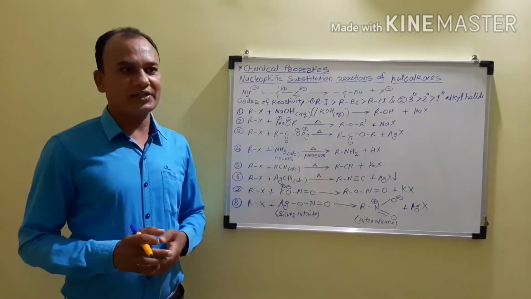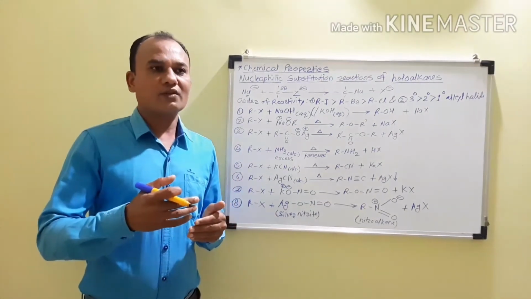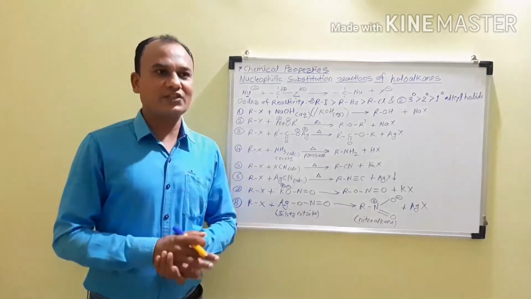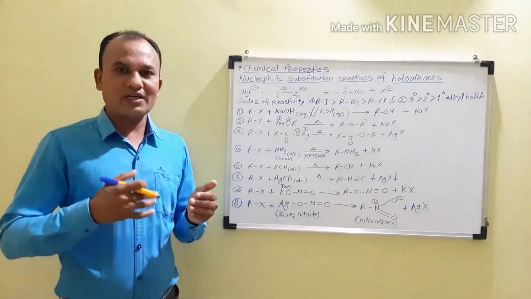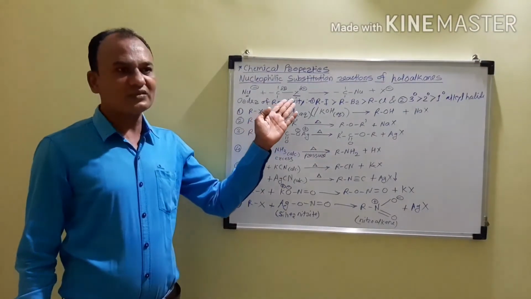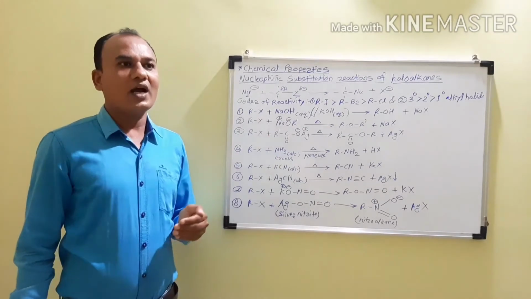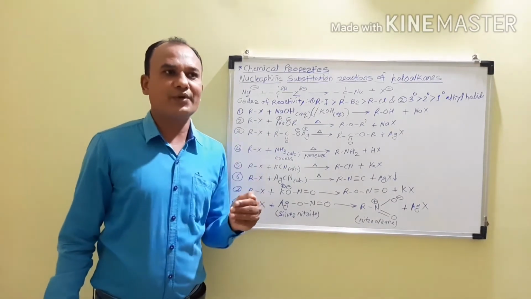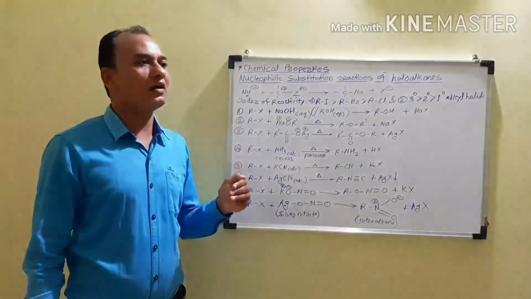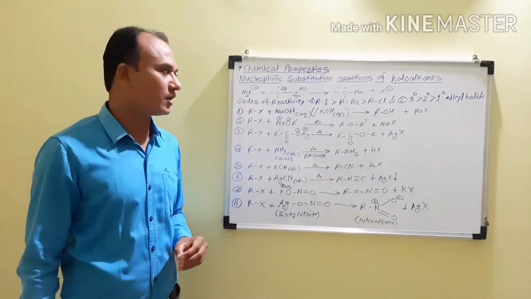As you know, the higher the reactivity, the higher the order. It means if a substrate undergoes a fast reaction, then it has a higher reactivity order, and this reactivity order depends on the state of the carbon atom and also on the nature of the halogen atom attached to the carbon atom.